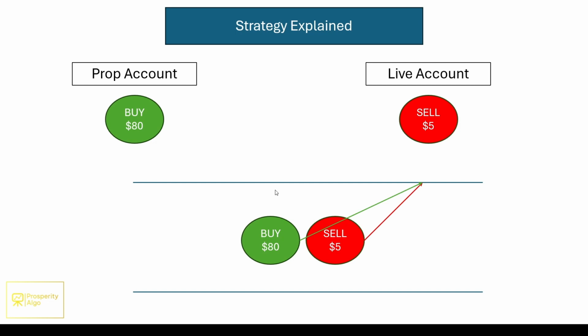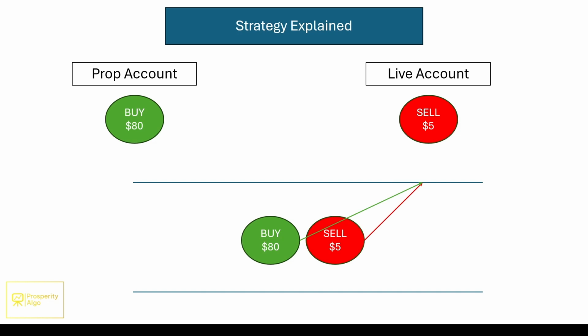But effectively what we can see here is we would be taking exactly the same trade, except one of the trades is going long in the prop firm account, and one of the trades is going short in the live account. In this case, this would have been a winner for the buy and a loser for the sell. So in your live account, you would have lost $5, but in your prop firm account, you would have made $80.